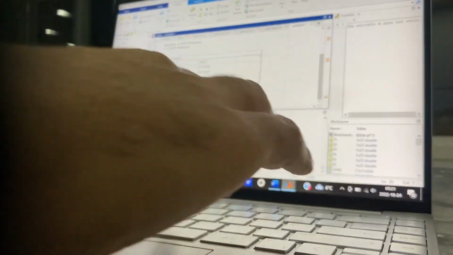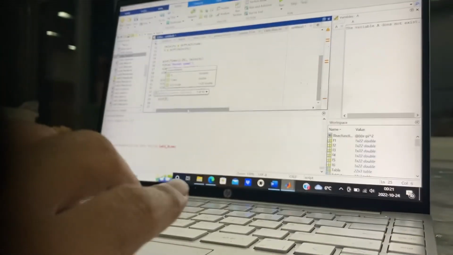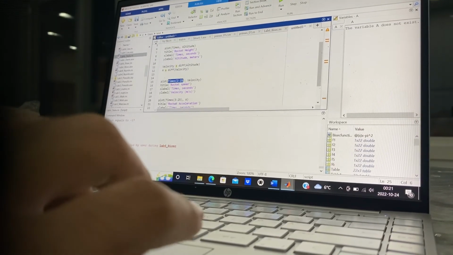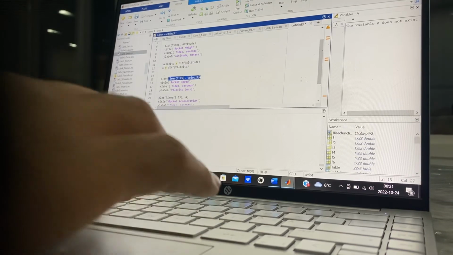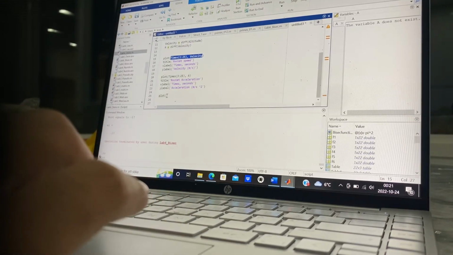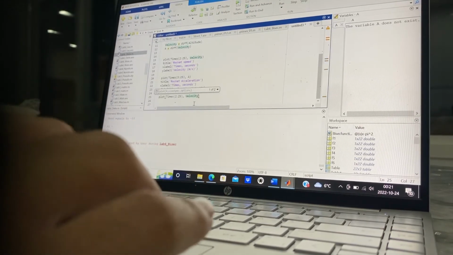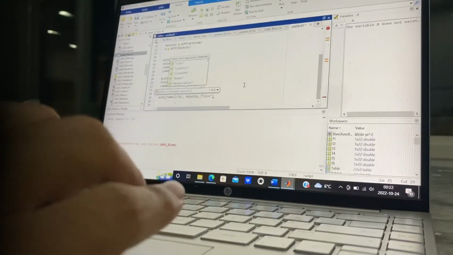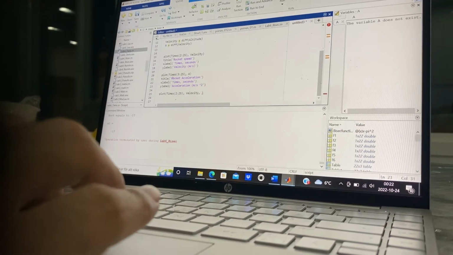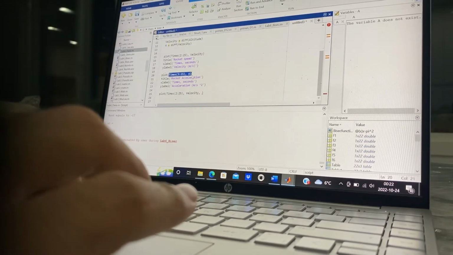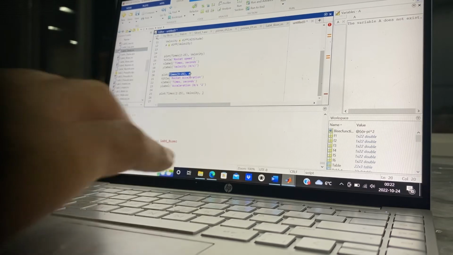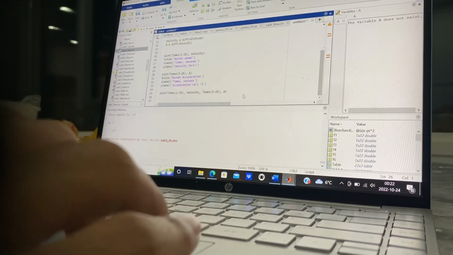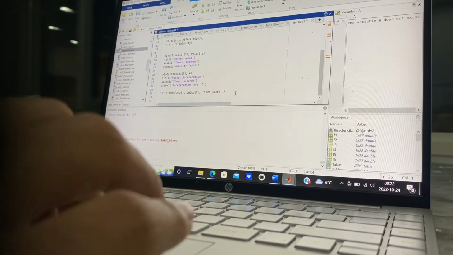So I'm simply gonna take this here, paste it into here, and then do the same with the acceleration against the time. And now I'm gonna run it.